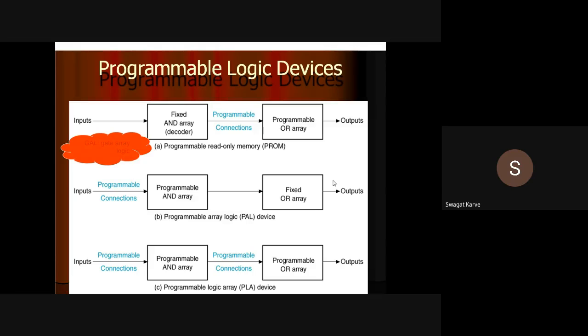AND array fixed असतो आणि OR array programmable असतो. The rest of the inputs and outputs will be there as it is. Inputs आणि outputs तिथे असणारच आहे. फक्त AND array fixed असतो. There are some programmable connections and the OR array is programmable.